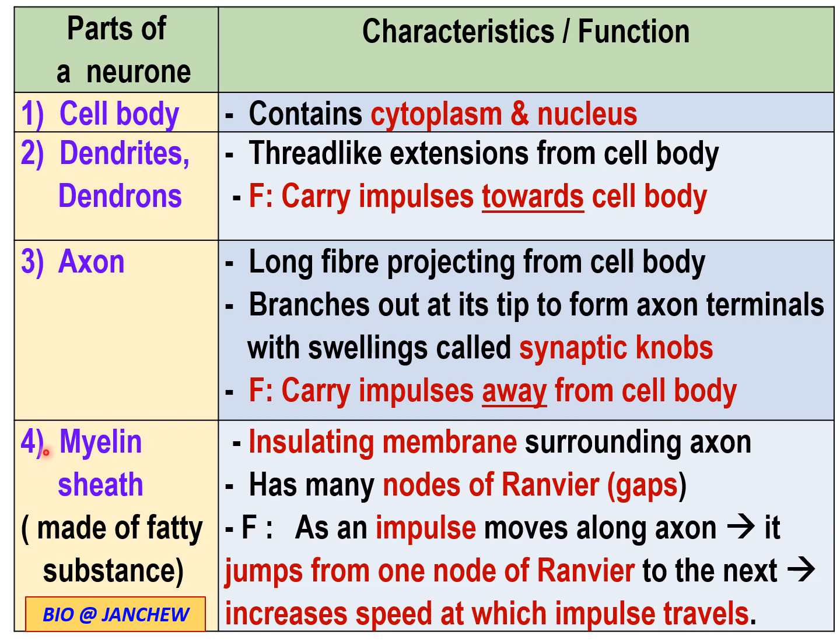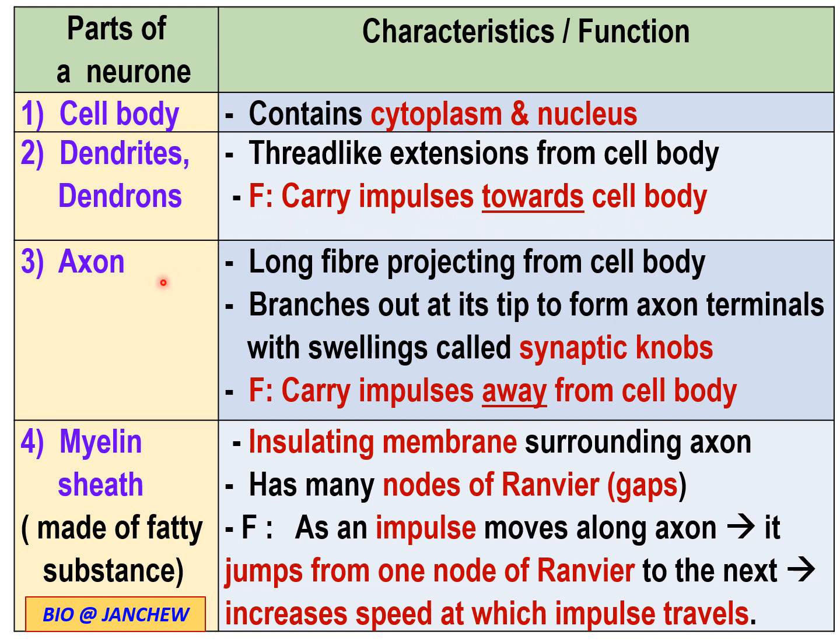These are the notes for what we discussed in the previous slide. So I'll just go through very quickly. The cell body of the neuron contains the cytoplasm and the nucleus. Dendrites and dendrons are thread-like extensions from the cell body, and the function is to carry the impulses towards the cell body.